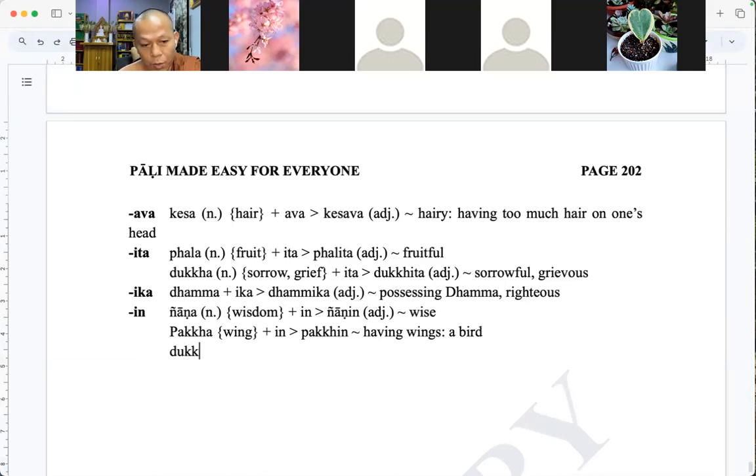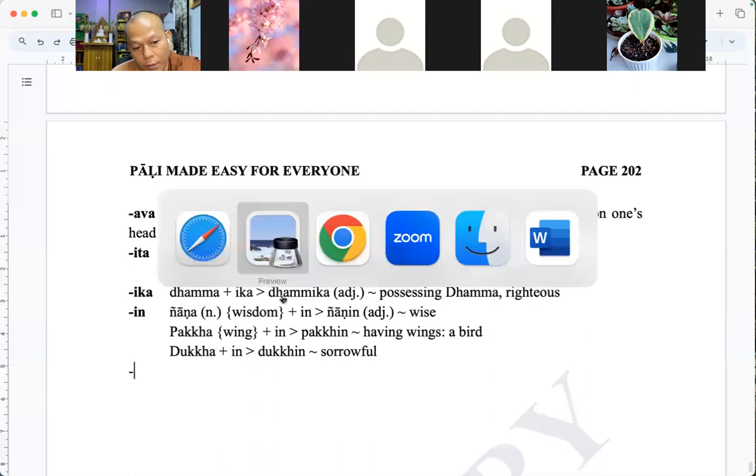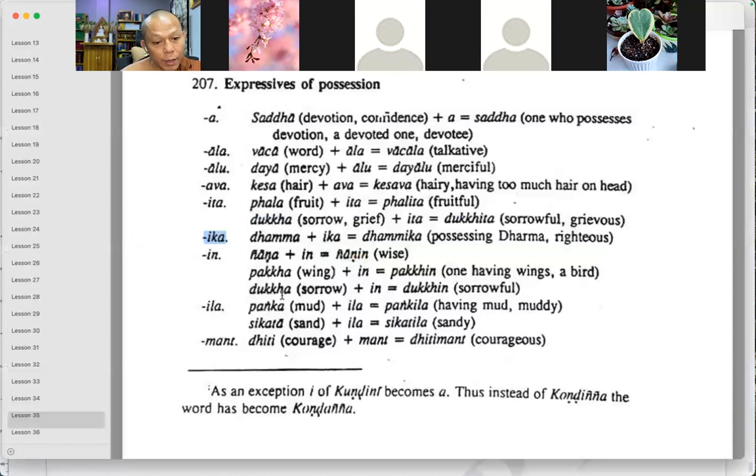In the same way, next one is dukkha. Dukkha also, we already got a different suffix, and the dukkha, also sorrowful. So in this way, two suffixes after a single word can also be seen. And the next one is illa.